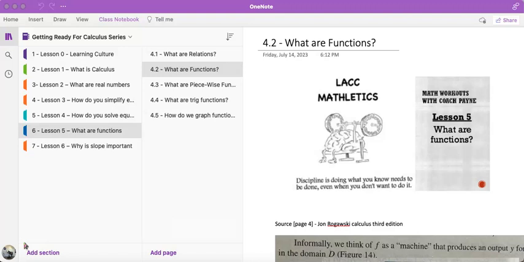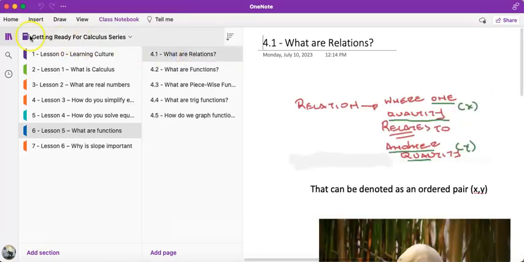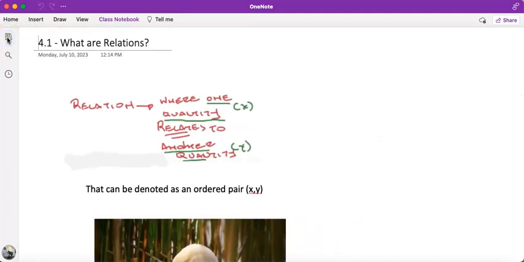And then we saw last week, how do we simplify different types of expressions and how do we solve different types of equations? And so before we could get into this concept of functions, we need to focus on going back into what are relations. So let's get into what are relations.